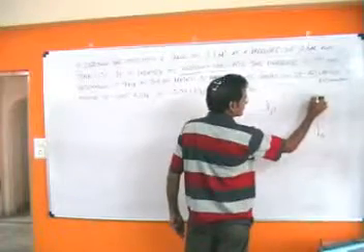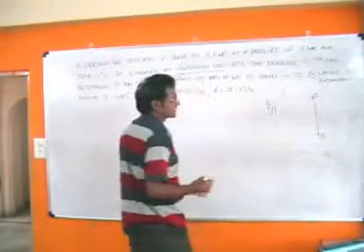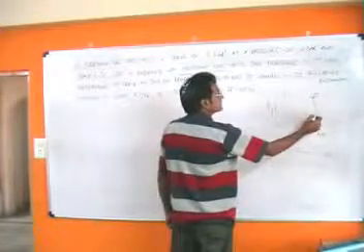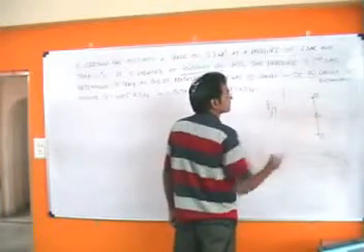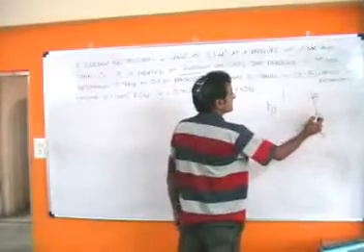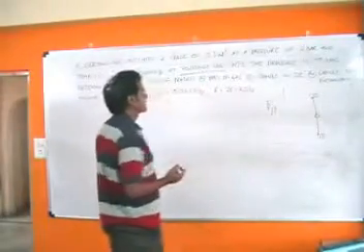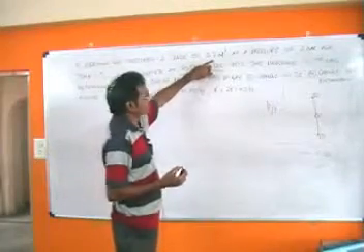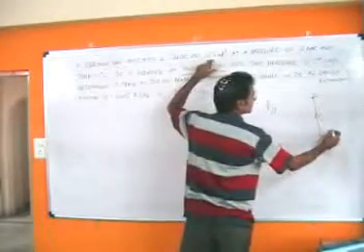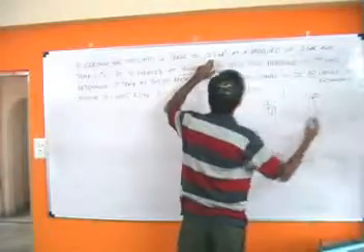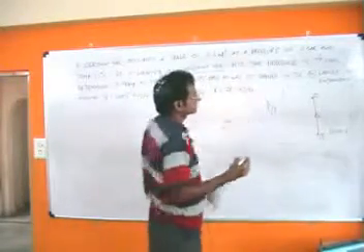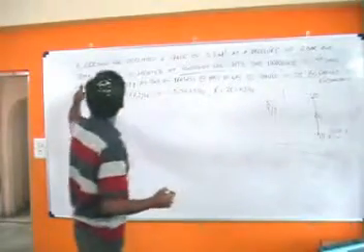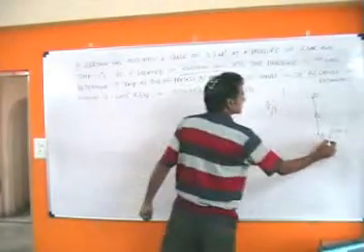Since it is getting heated and the pressure is rising, the curve has a direction going upward like this, which indicates that the initial volume is 0.3 meter cube, the initial pressure is 2 bar, and the initial temperature is 77 degrees centigrade.